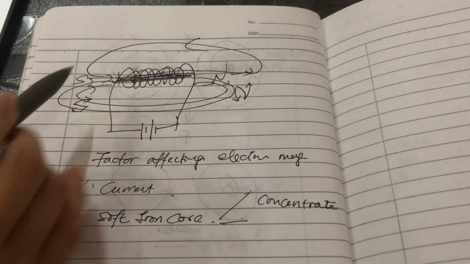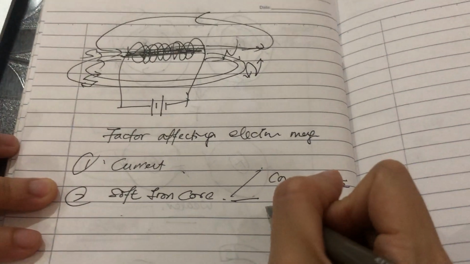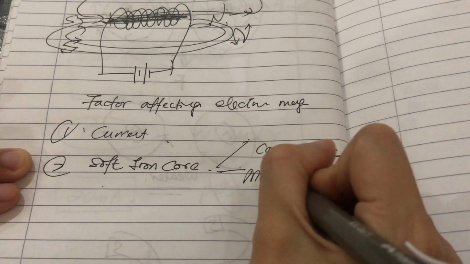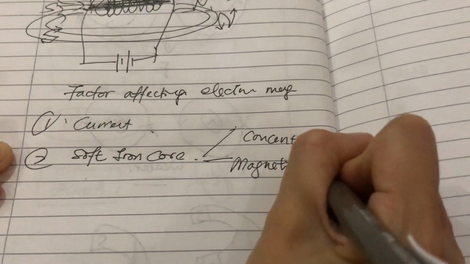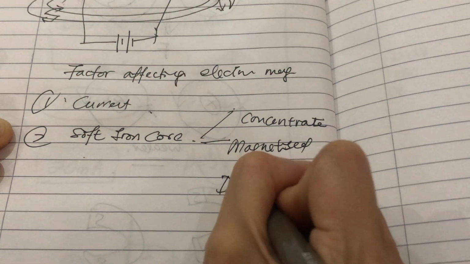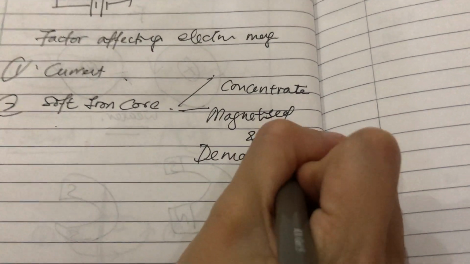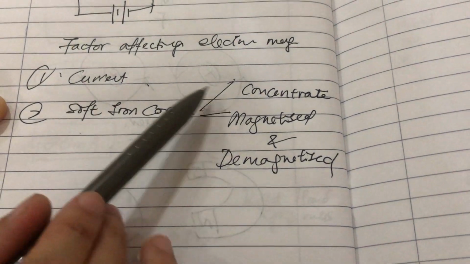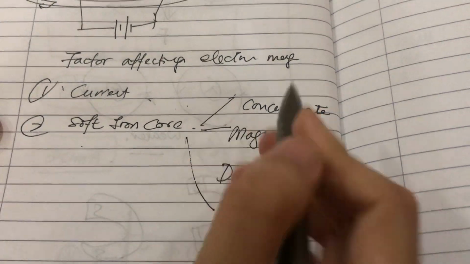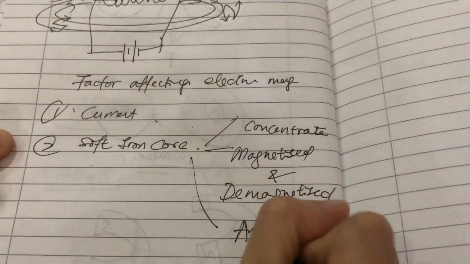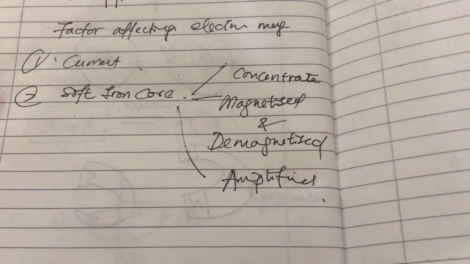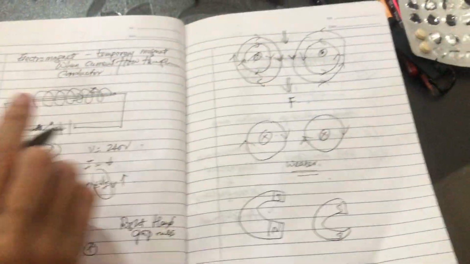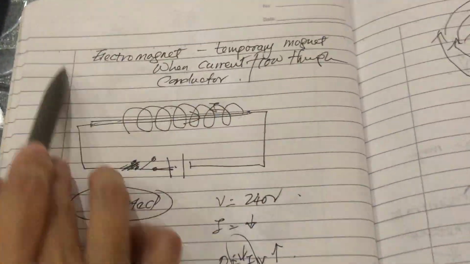And another thing is that it will actually amplify or magnify, and also it can be magnetized and demagnetized easily. It concentrates the field lines and slightly amplifies the electromagnet.